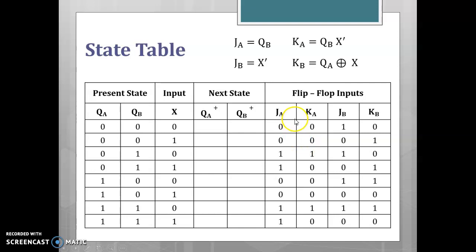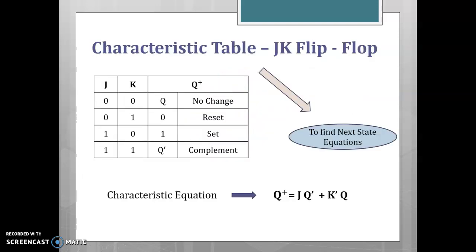With these equations for JA, KA, JB, KB, we have filled up this tabulation for the flip-flop inputs. The next step is to write the state equations. For the state equations, we need to use the characteristic table or the characteristic equation.